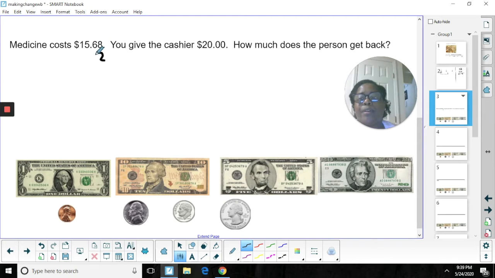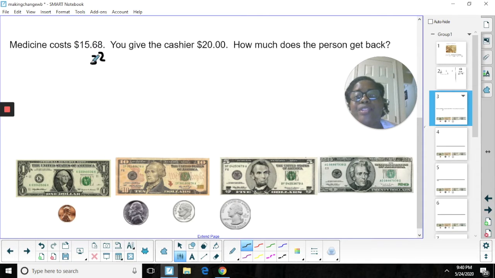What number will we put right here that would make it add up to 9? Okay, did you say 3? You were correct. So now, when we add this 32 to the 68, it's going to make us go to the next whole dollar, which would be $16. Okay?